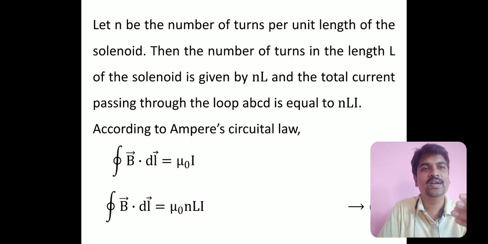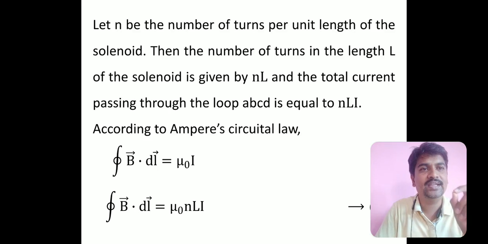You have to calculate the net current enclosed in that closed path, and this net current enclosed will be the number of turns into the current. The number of turns in that rectangle will be n into L, and the current is n L I, which is the net current enclosed in that rectangular closed path.